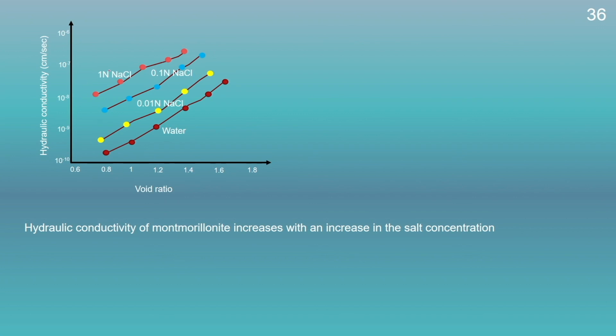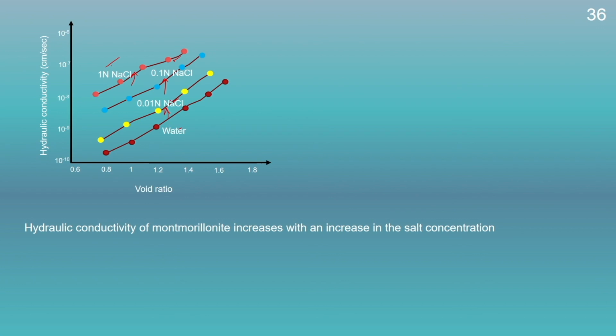If we plot a graph between hydraulic conductivity and void ratio for montmorillonite at different salt concentrations, we could see the effect of salt on the hydraulic conductivity. We could see here that with the increase in the salt concentration, the hydraulic conductivity also increases.